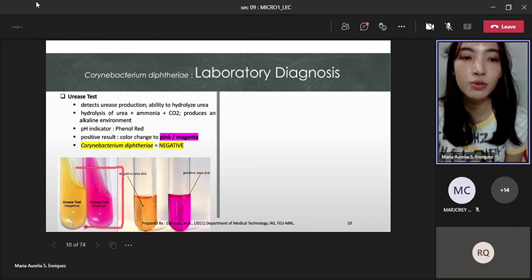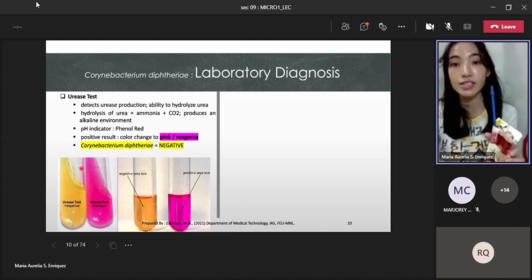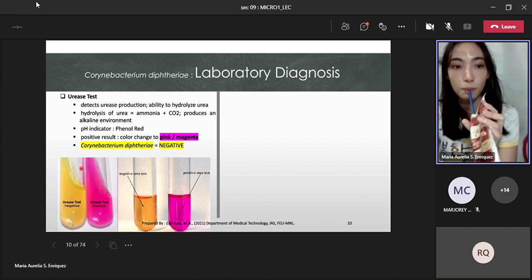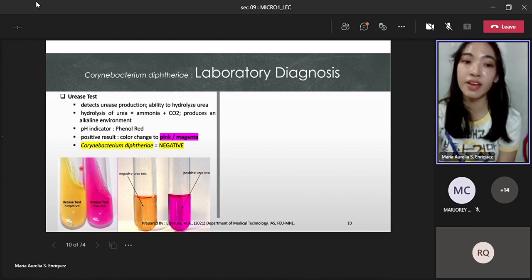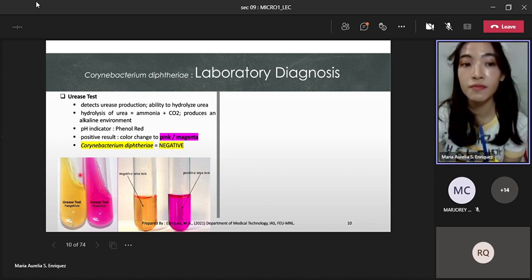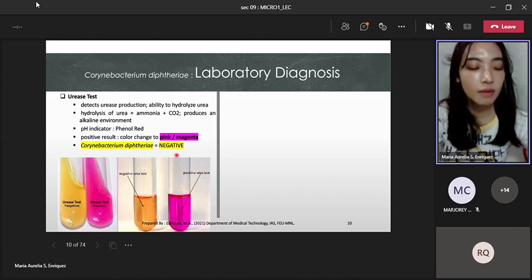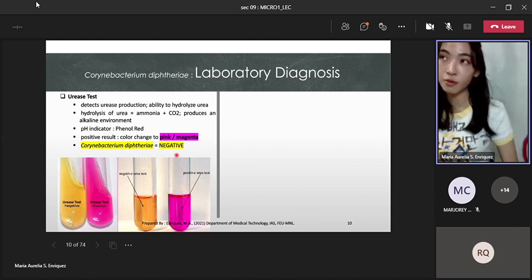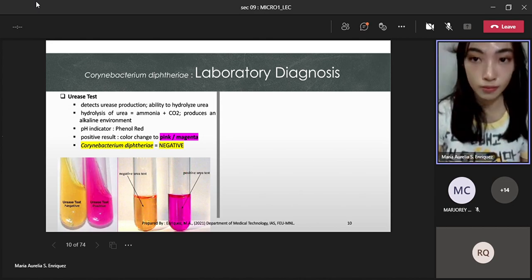So ayan po, if nag-produce ng pink discoloration dun sa test media yung organism, then it is positive for urease test. Now, for Corynebacterium diphtheriae, magne-negative po siya sa urease test. Okay, so again, Corynebacterium diphtheriae would test negative for the urease test. Compared to other species, some of them may produce a positive result.